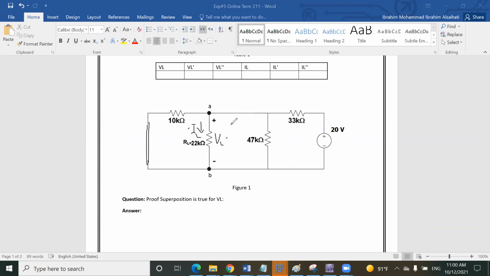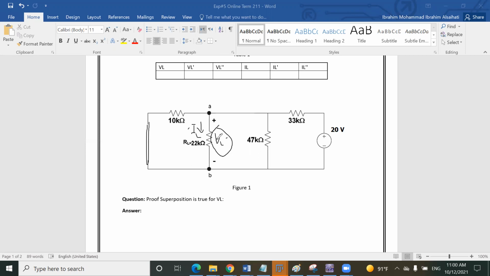So in the theory, you try to solve for this VL, right? But in the experiment, you have to do the same steps. You have to deactivate the source, and then find VL prime and IL prime. But here you have to do it using what? The voltmeter and the ammeter.